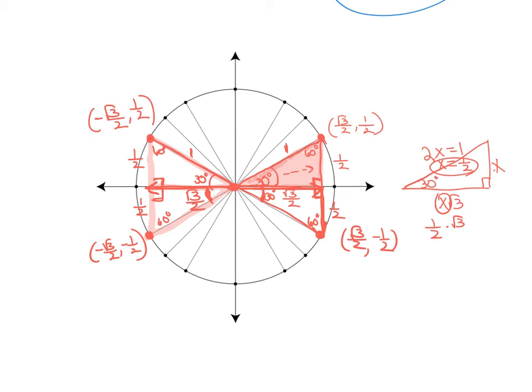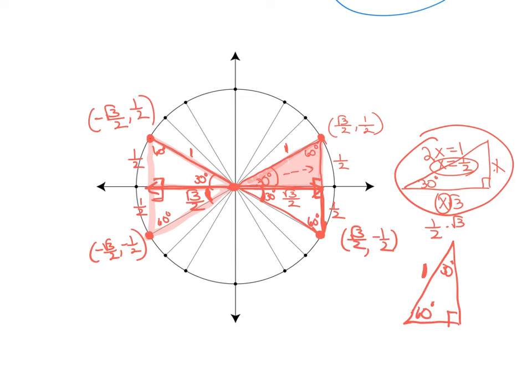Now, using this same triangle, we can come up with the ordered pairs of 60 degrees, okay? So take that triangle, and instead of having it written this way, have it written like this, where your 60 is here and your 30 is up here.